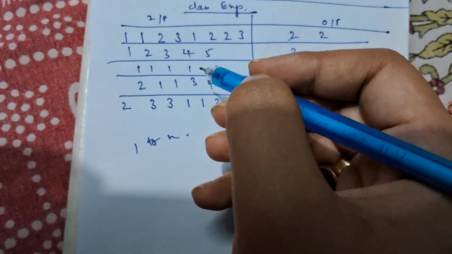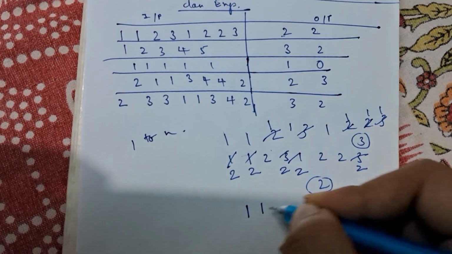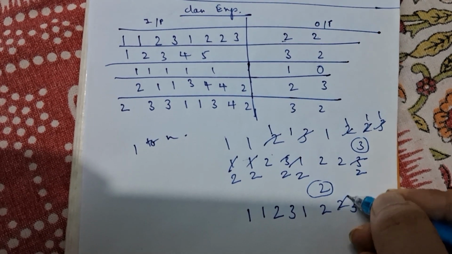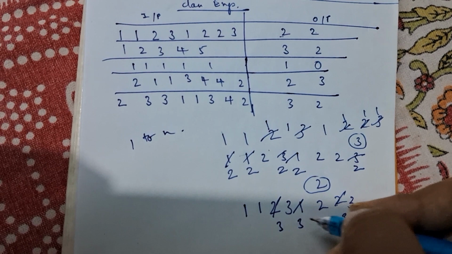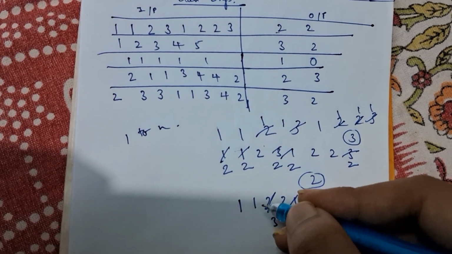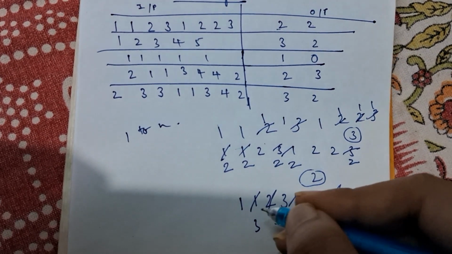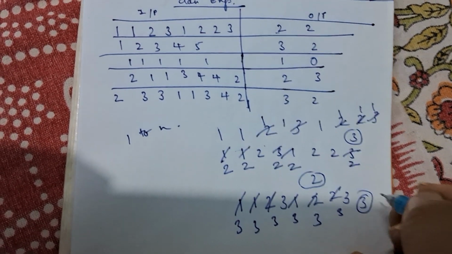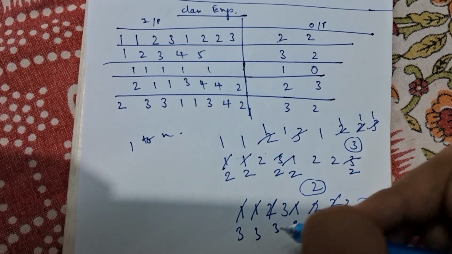Let me do it for 3 also, so that it becomes very clear to you. 1 2 2 3: 3 occupies this in one day, and these two in the first day, and then this in the second day, and this in the third day. So 3 basically takes 3 days.